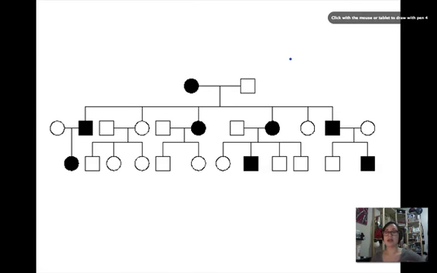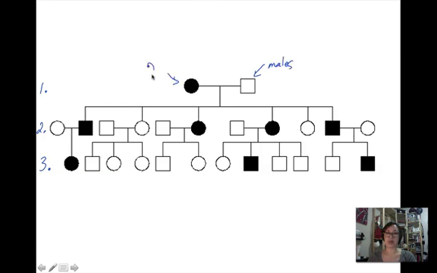Here is another pedigree. This pedigree doesn't have our generations listed, so I'm going to go ahead and write it out. Here's generation 1, generation 2, and generation 3. Again, I have my males, which are squares, and my females that are circles. And if I'm looking at this particular pedigree, I notice that we're not seeing anything disappear from one generation to the next.